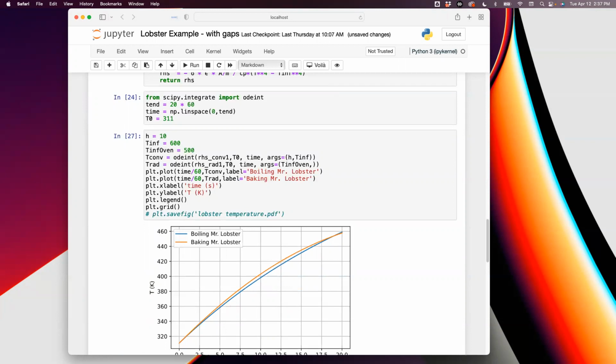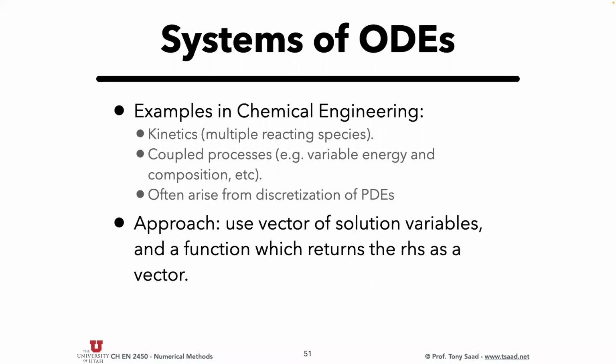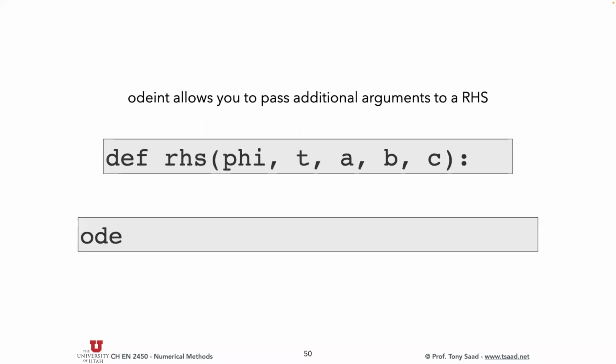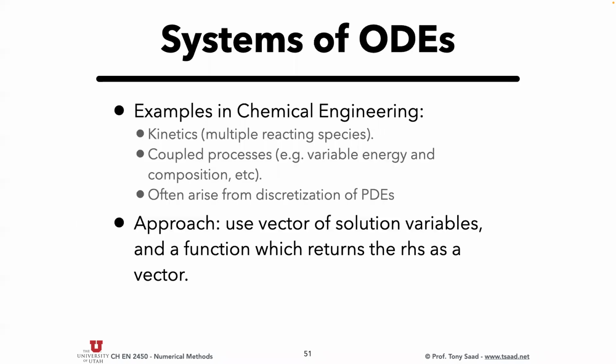Okay, so now we are going to switch gears and discuss systems of ODEs. Just like we solved a single ordinary differential equation for the temperature, there are cases where you have 2, 3, 4, 1,000 quantities that are all related to each other.